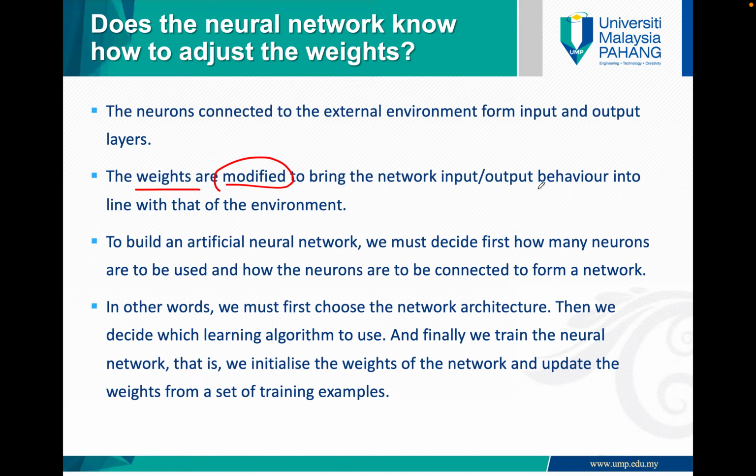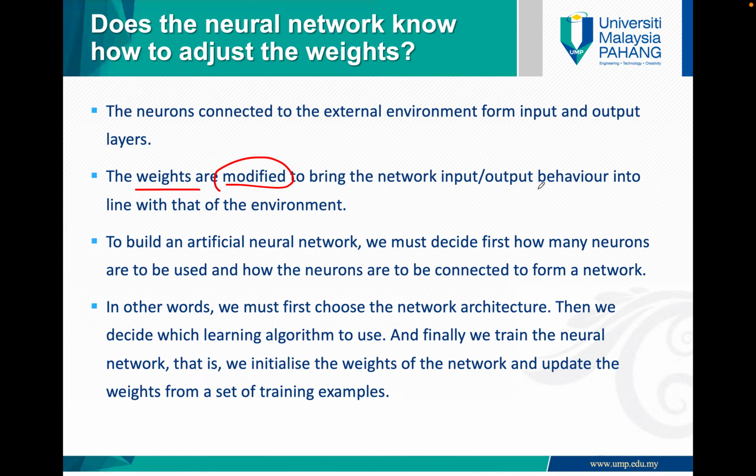So when you are given a case study, you have to decide how many neurons will be included and how these neurons will be connected, because every case study will have a different total of neurons.